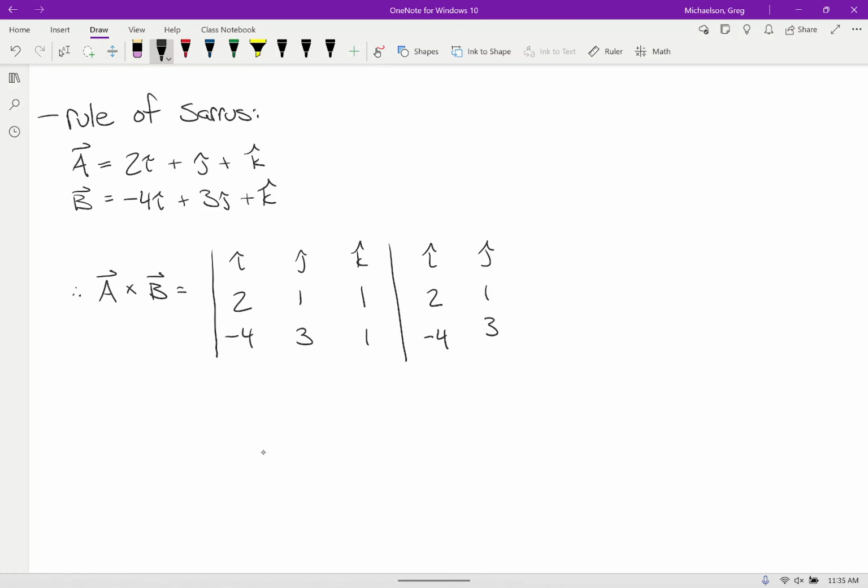So I'll take this product and this product and make them positive. What do I get? I get I times 1, which is I, plus, what do we get? J times 1 times minus 4 is minus 4J. And then this is plus 6K.